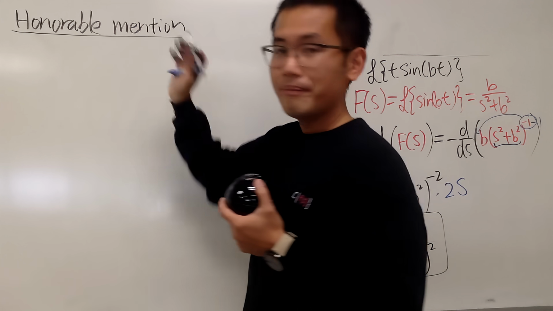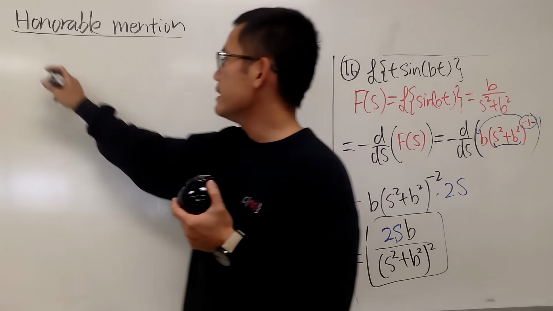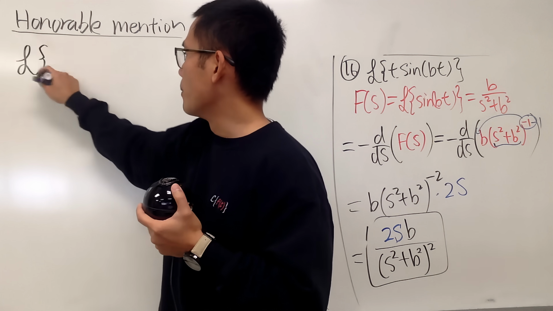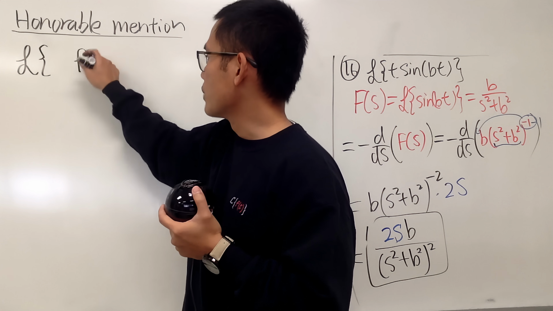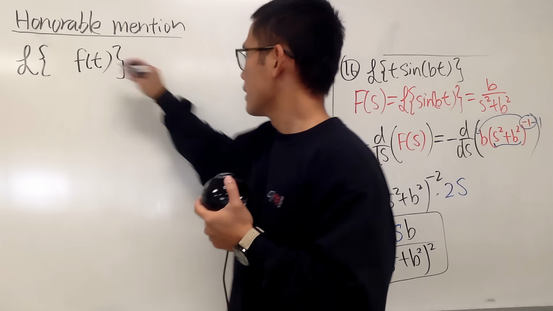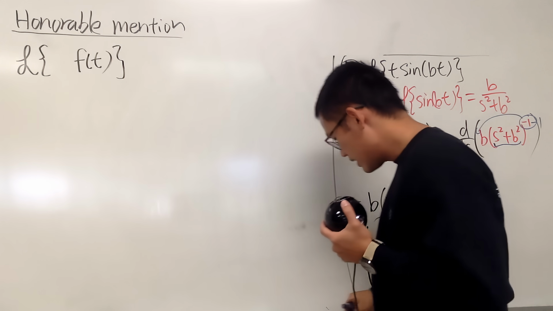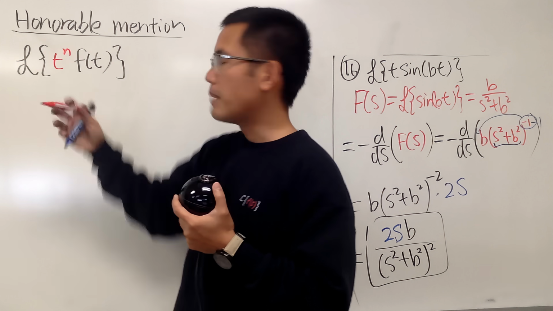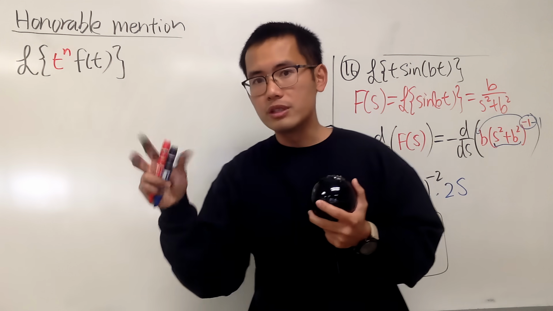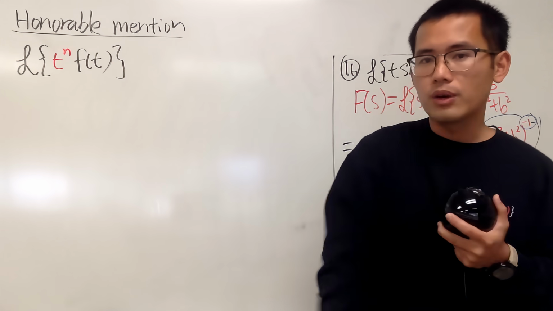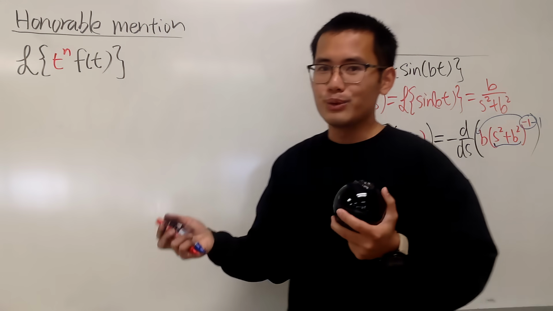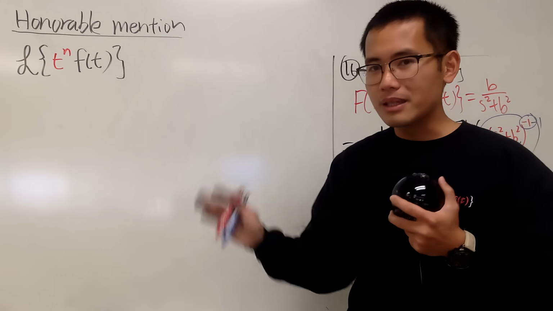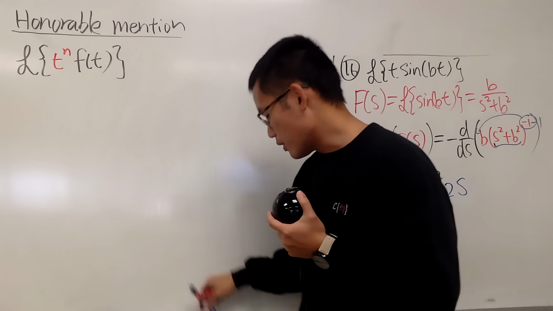Well, the idea is that if you have the Laplace transform, and originally if you have the function right here already, but if you have to multiply this with t to some power, and assuming n is just 0, 1, 2, 3, 4, 5, and so on, and maybe later on you can do some fractional derivative, but that's later on.